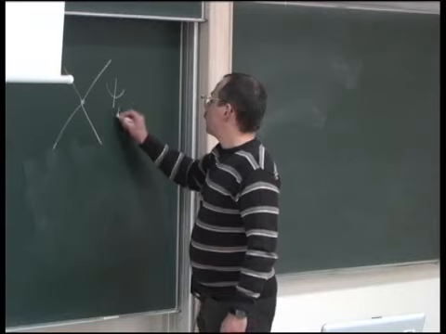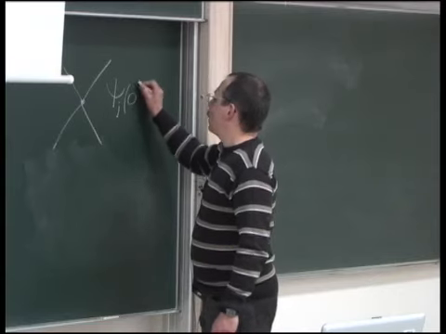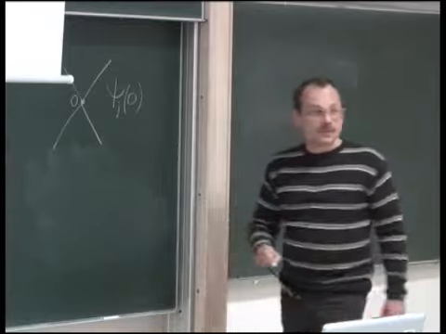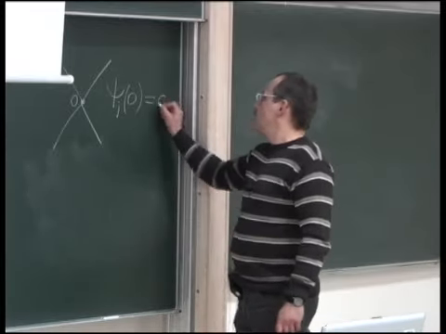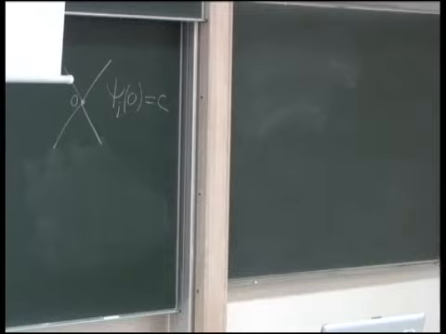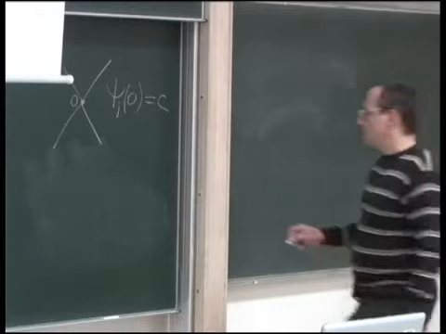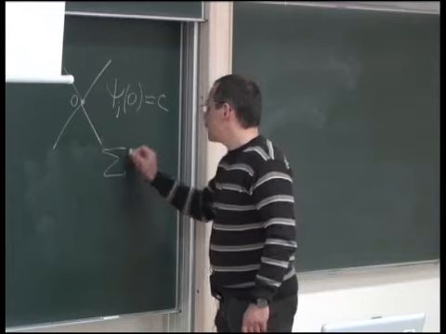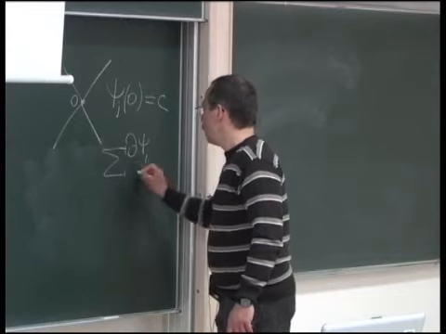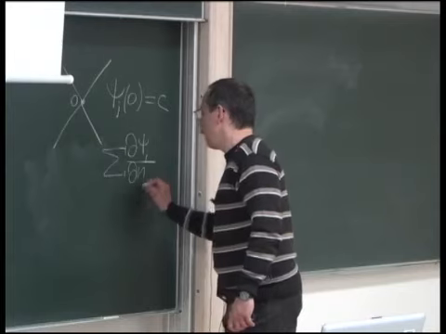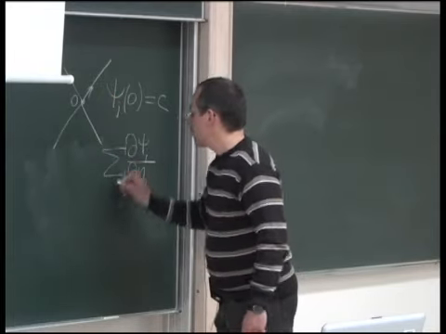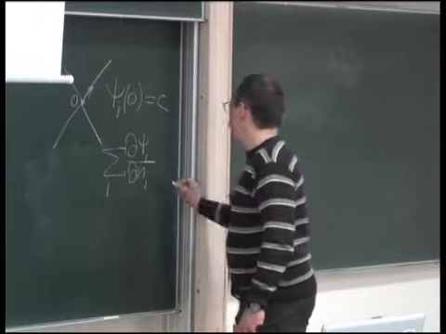First of all, psi j of 0, this point 0, has to be the same for all edges j. And the sum of normal derivatives of psi j, say outwards, is 0.